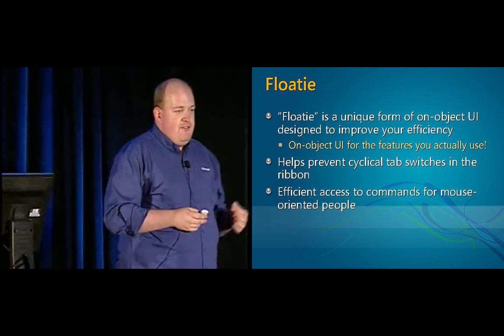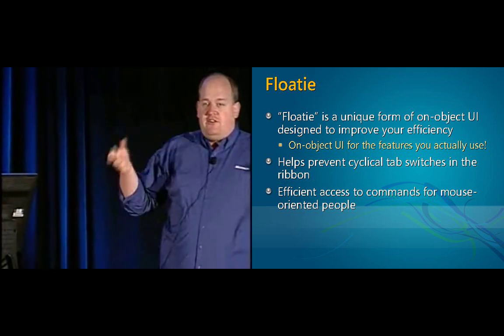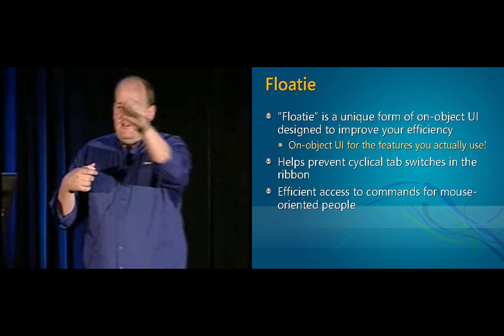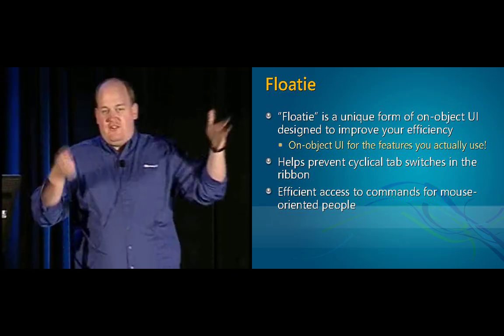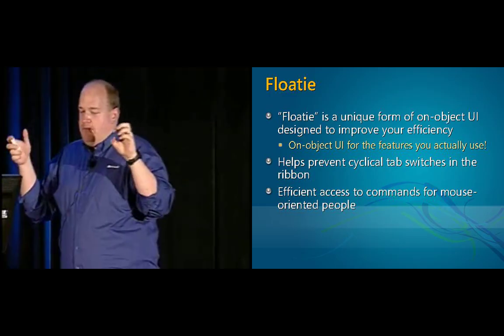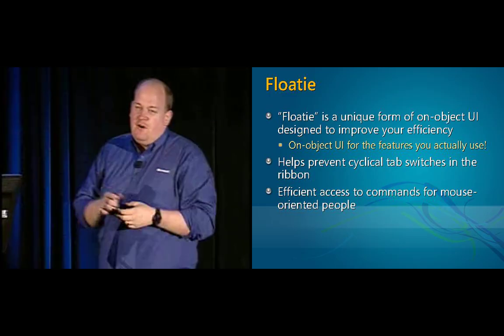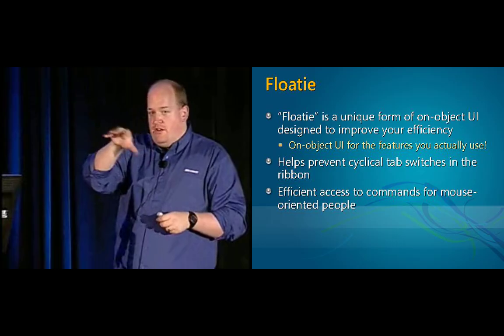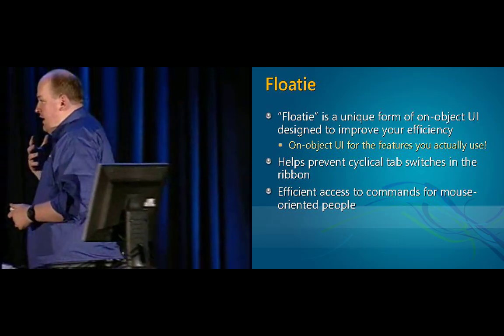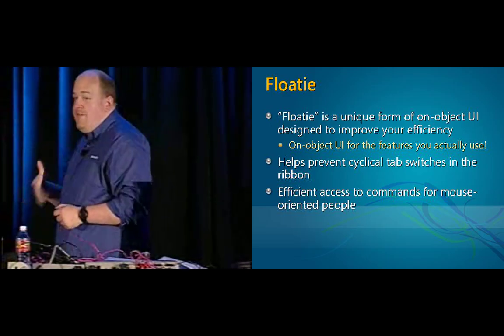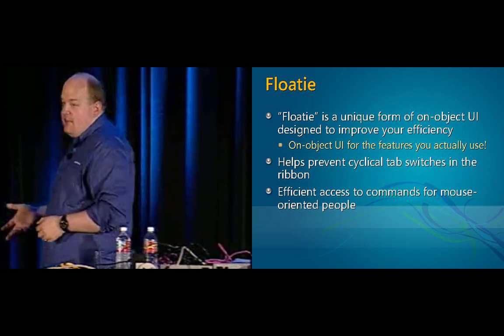Now, how many of you have seen some piece of on-object UI in Office, like a little square or a little paste recovery? There's a lot of them, little pieces of what we call on-object UI that pop up around text. And one of the things about on-object UI is that we've always used it to try to advertise features that you're not using, right?